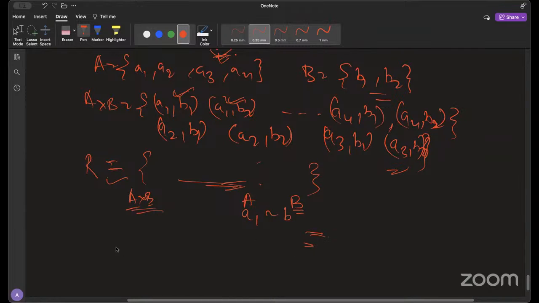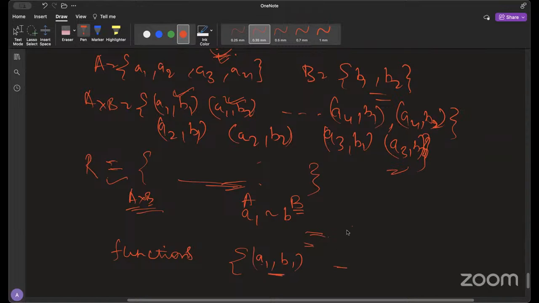Now when you define functions next, functions are a particular type of relation where the first thing that you'd want is that if A1 is here, then there should be no other element that starts with A1 other than this one.